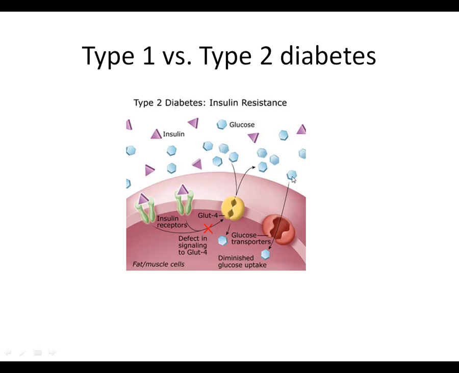So when glucose is in the bloodstream, the insulin is produced and it responds, but what happens is when the insulin binds to the receptors, the part here that activates that GLUT4 transporter is defective, it's broken. And so even though there's plenty of glucose, plenty of insulin, the amount of glucose that gets in the cell is diminished.